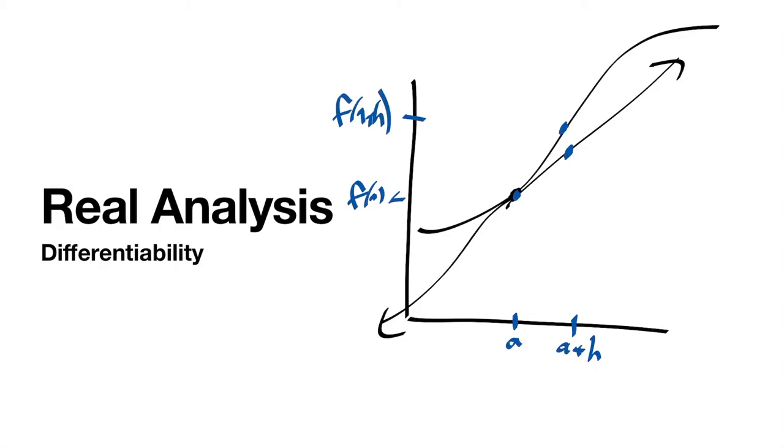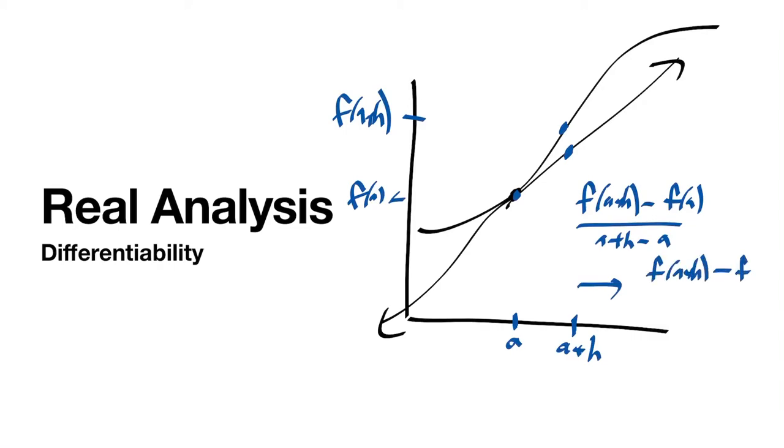And so this gives us our limit definition. We see that the slope is f of a plus h minus f of a over a plus h minus a. And so that becomes f of a plus h minus f of a over h. This is the formula that we all remember from calculus class. It was everyone's favorite part of calculus class. And then what do we finally do?